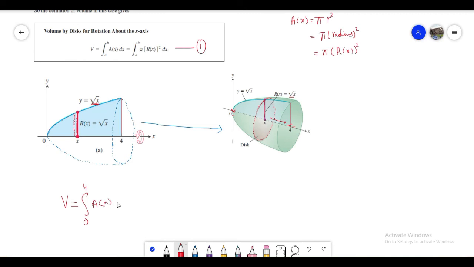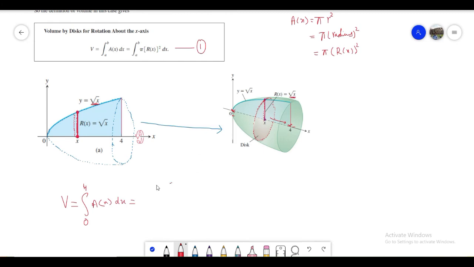The A of x can be easily determined because, as I said, this is basically the height, or the radius, of this solid. Of course this is the same because we rotated along the x-axis over here, and this formed the solid. So this is the radius, which is the root of x.